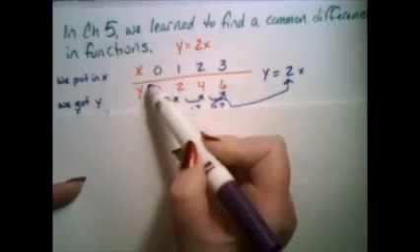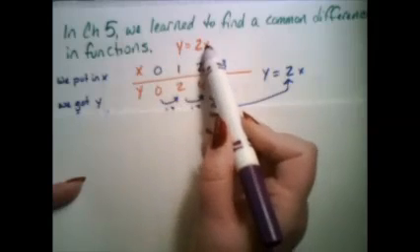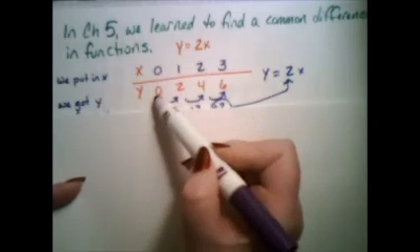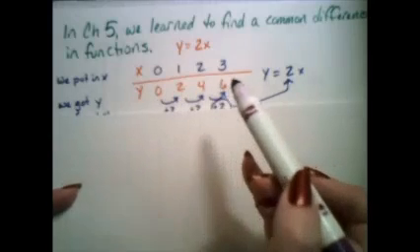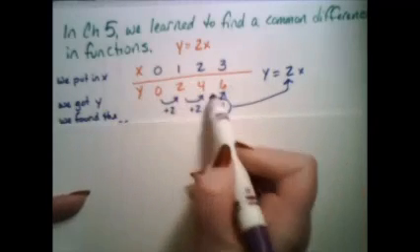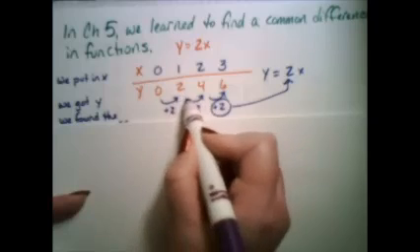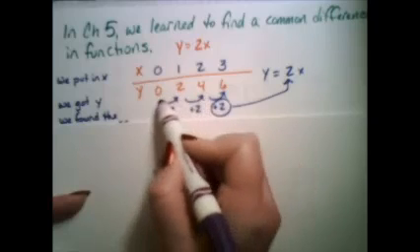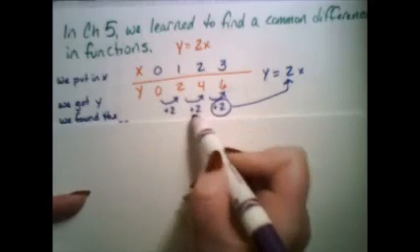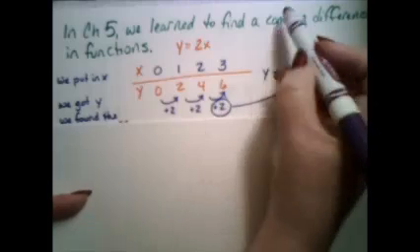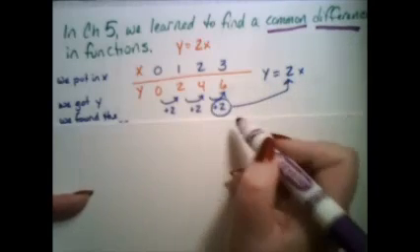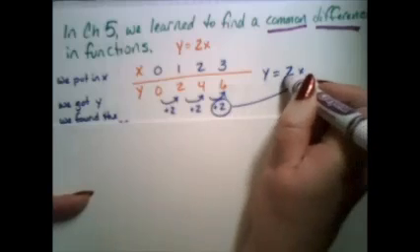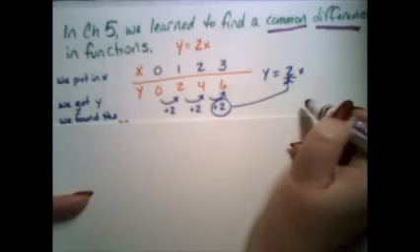And if we put 0, 1, 2, or 3 in for x, we end up with y as 0, 2, 4, or 6. And so when we got y, we realized in a linear function that each of the y's went up by a common difference, the same number. And that number we actually could see here.